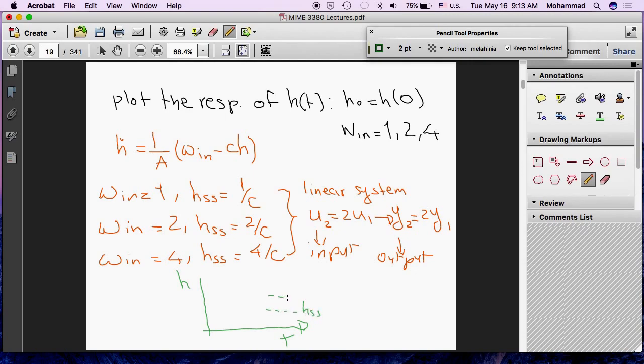The second case is double as much, and the last case is double as much. Do you see that? So h steady state each time doubles.